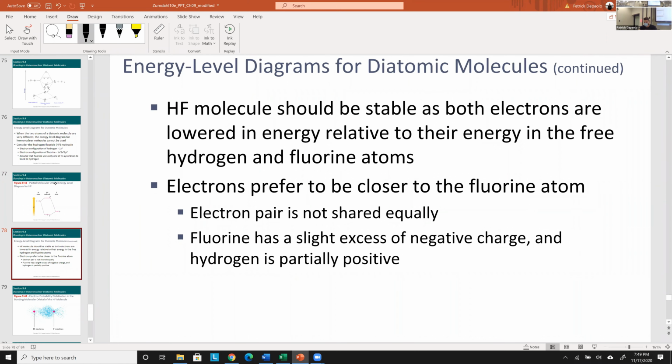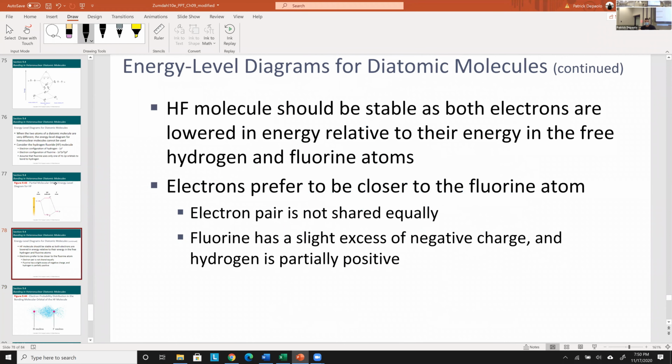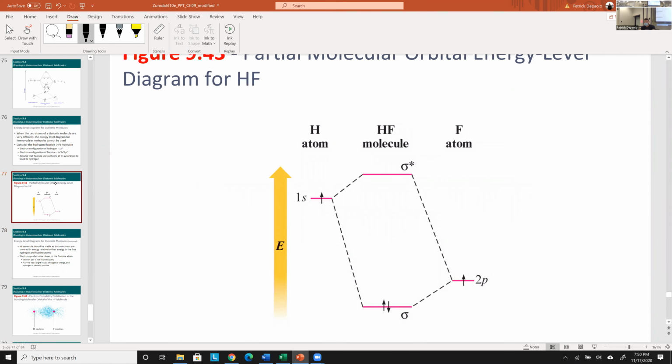We know that it's stable, and we can tell it's still the same things. We can tell paramagnetism and stability based on bond order. So really the same things. And then we know about where the electrons are. So this can tell us where the electrons like to be more. For fluorine, it's down here. And there's a reason why the fluorine 2p orbital is at a lower energy in this case for bonding orbitals than hydrogen's 1s.